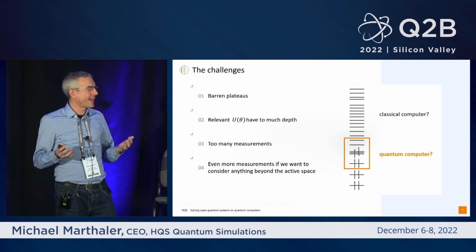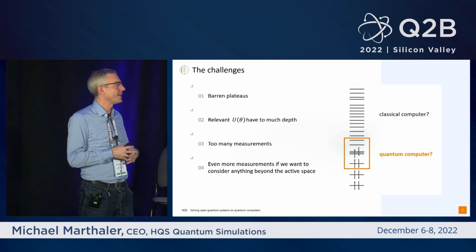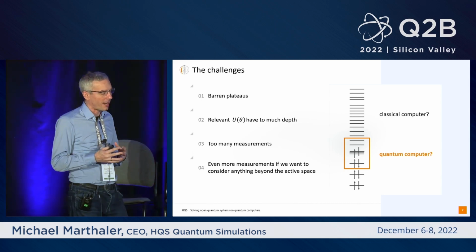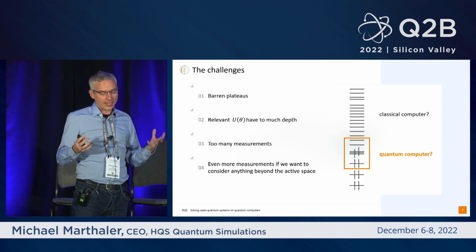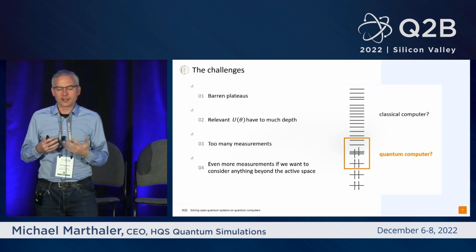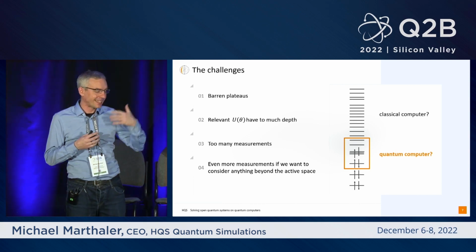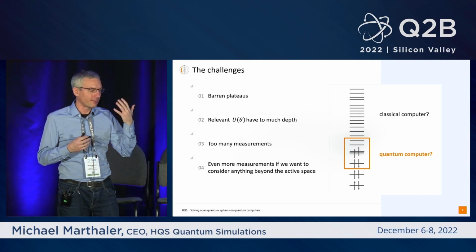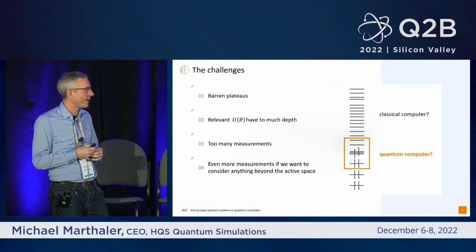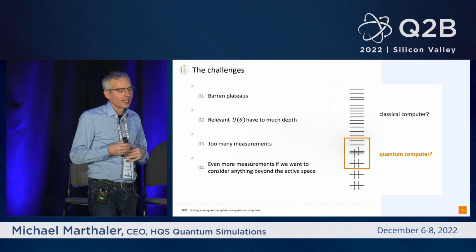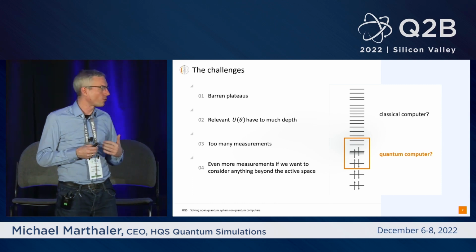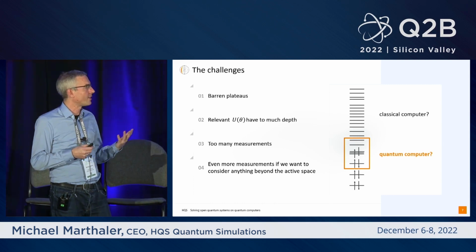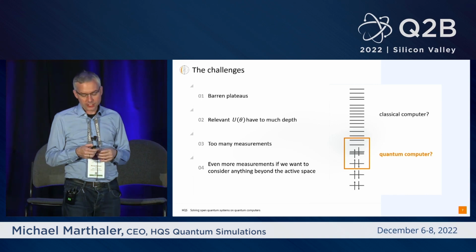They have been studied, the progress is slow, we know there are fundamental problems like barren plateaus, the depth, the number of gates we have to apply to get something reasonable, scales in a way that makes clear that it will not work on noisy devices. And connected with the fact that you have barren plateaus, we have way too many measurements, drawing out the time to really converge a variational approach.